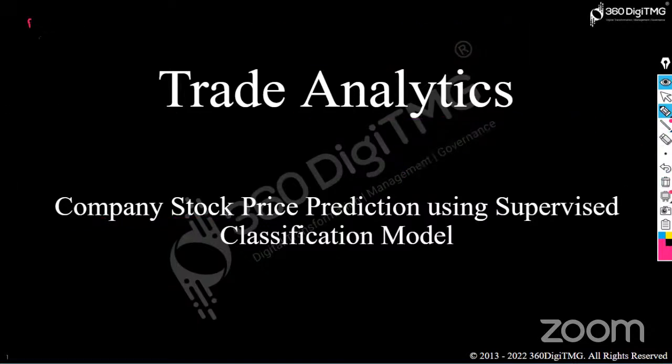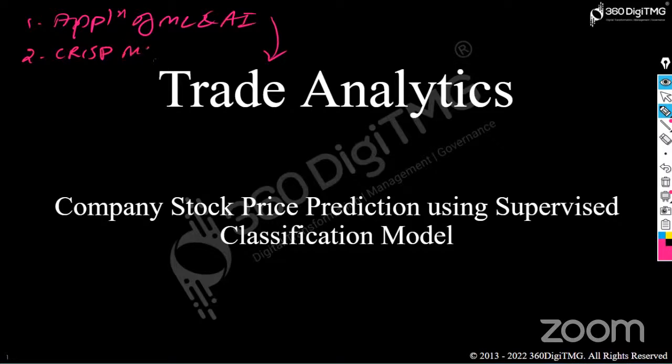So far we have seen the day one application of machine learning and AI in trading analytics. And the second day we saw the CRISP-ML(Q), which is an important project management methodology, and exploratory data analysis.